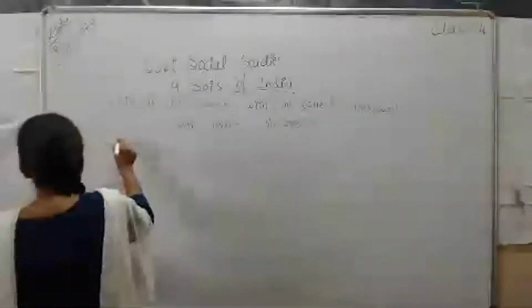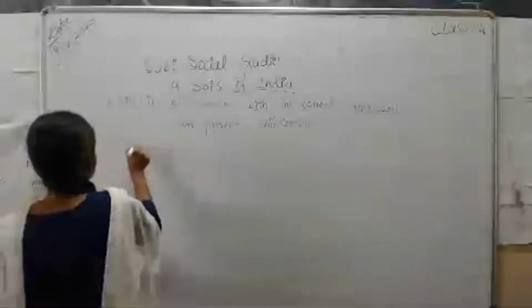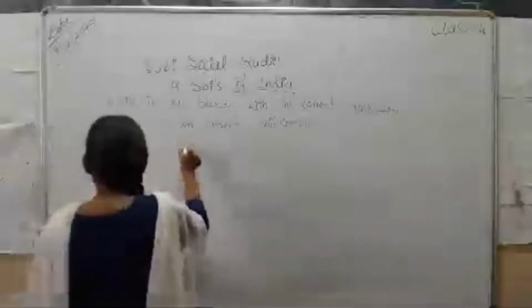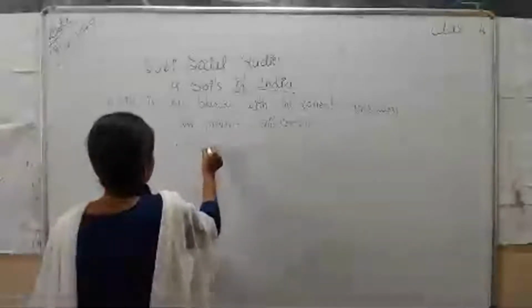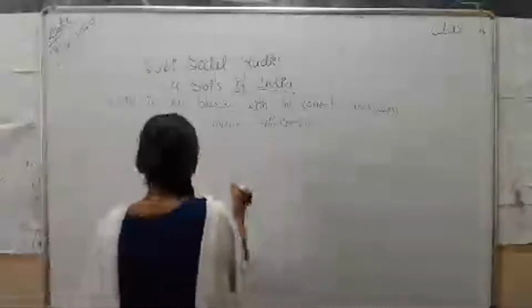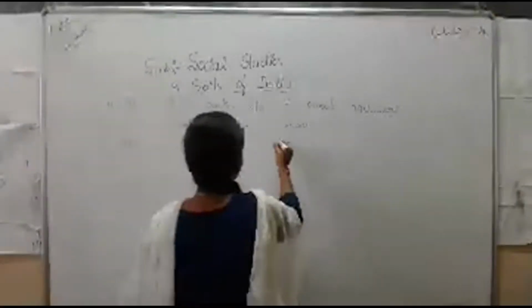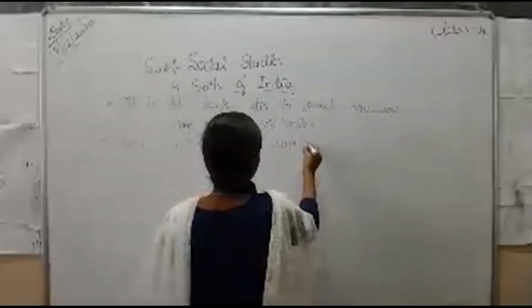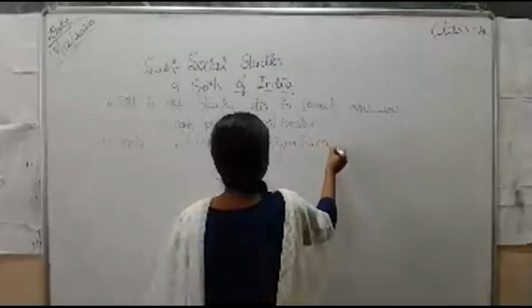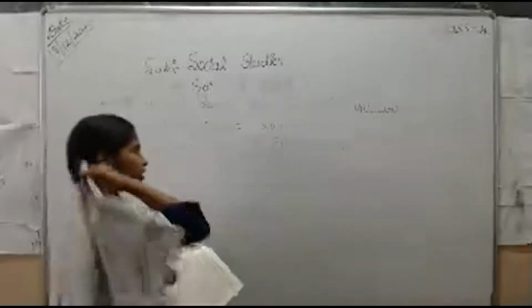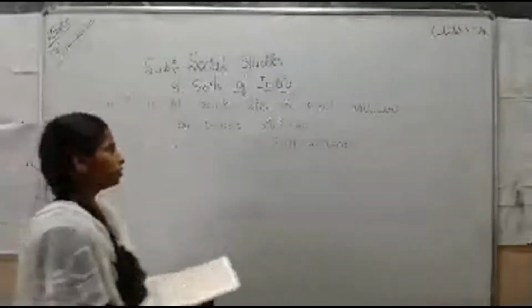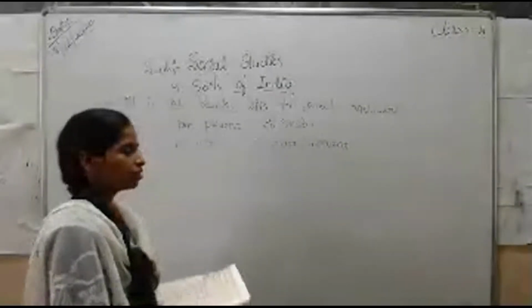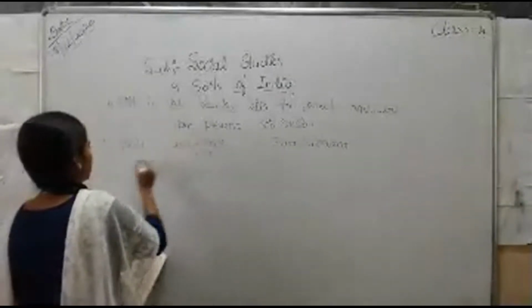Option A, rocks. Option B, trees. Option C, earthworms. So which is the right answer, students? Which can prevent the soil erosion? Yes, trees can prevent the soil erosion. B is the right option.